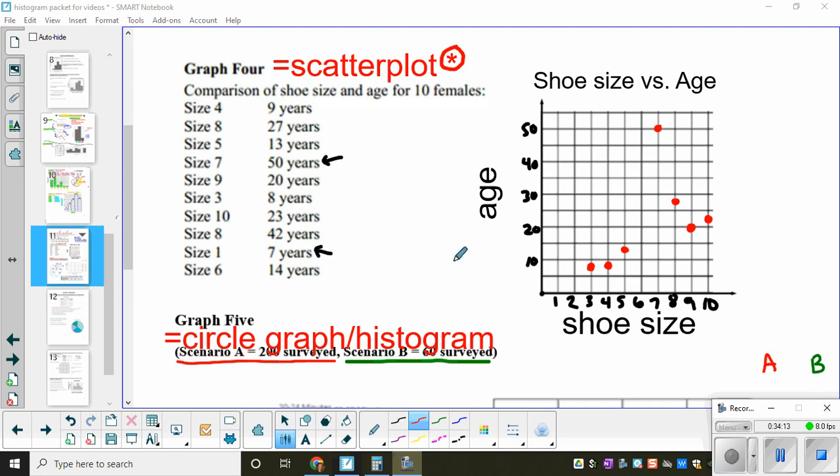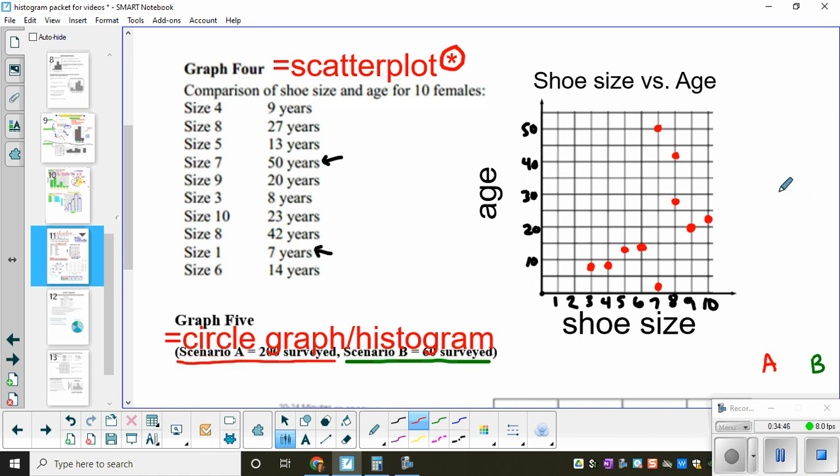This 42-year-old person has a shoe size of 8, so another shoe size 8, I'm going to go up to 42. And a 7-year-old here has a shoe size of 1, a little itty bitty foot. And then we have a 14-year-old whose shoe size is 6. So 14, and the shoe size over here is 6, so that would be for the 14-year-old about right there.